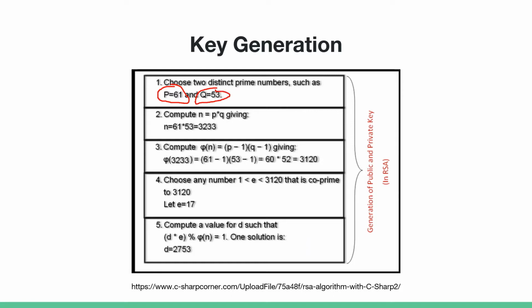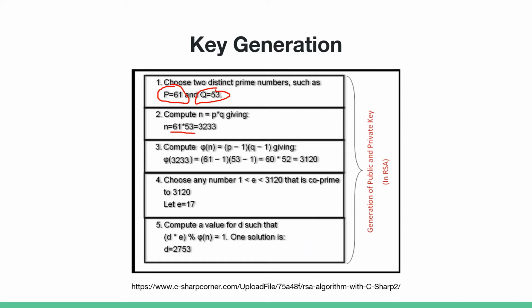In this workshop, we won't worry about how exactly these large prime numbers are generated, but there are multiple ways to do that. Then the next step in generating the keys is to multiply the two prime numbers P and Q together to get a composite number, n. And as we discussed earlier, it is very difficult to factorize n.